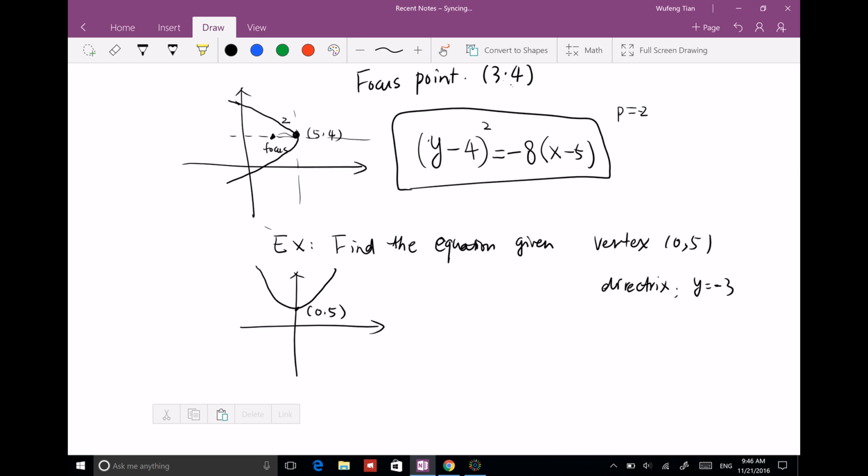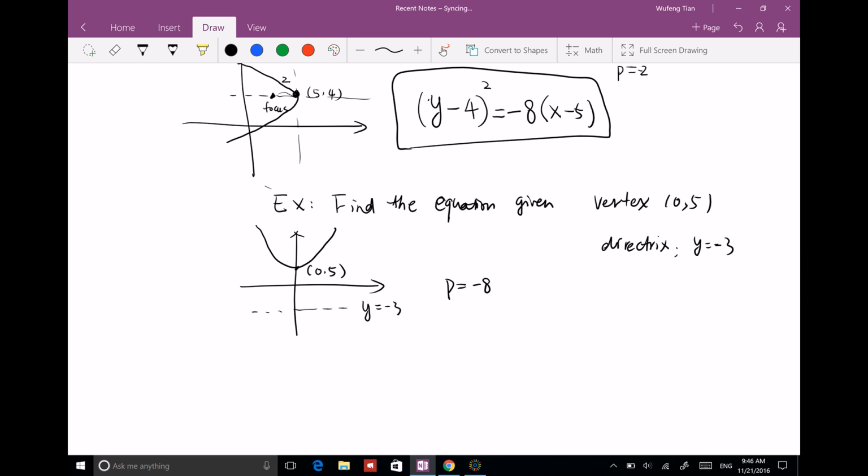And then the directrix is below it at y equals -3. So from that I got p equals -8, and then the equation would be x squared equals -32, y minus 5.